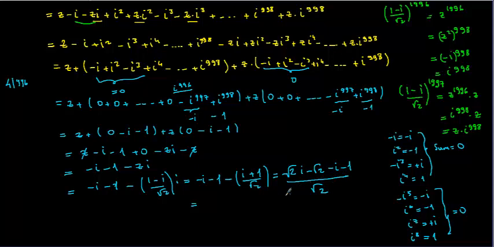Then I'm going to collect the terms with I together, and without I together: minus 1 minus root 2 and minus 1 plus root 2 in parentheses times I, all over root 2, is the sum of all these terms. This is the answer of the question.